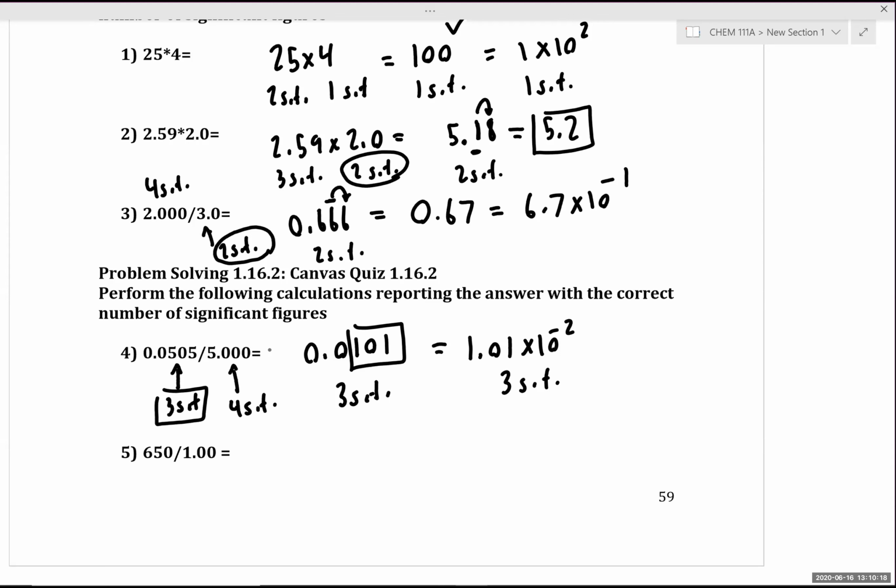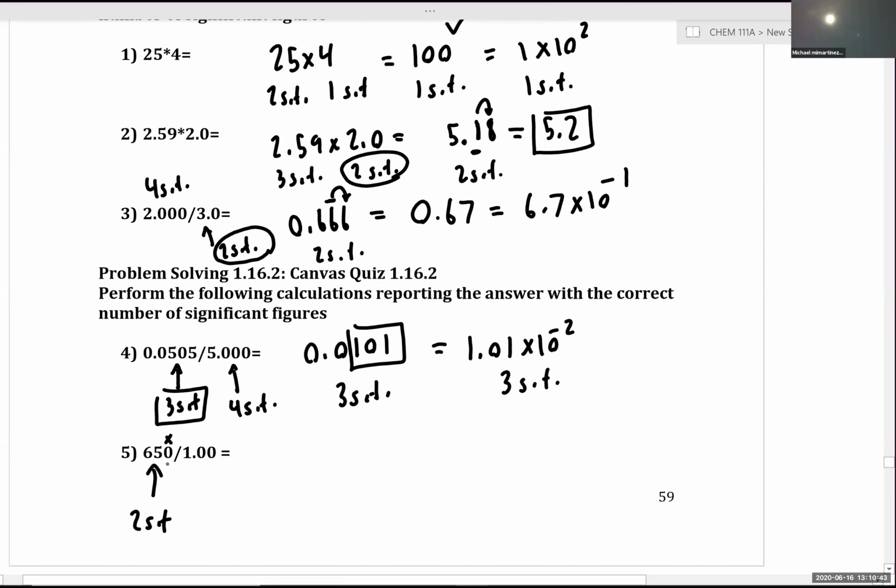So let's look at this next example, 650. How many sig figs does 650 have? Three. So it has two sig figs because this trailing zero is not before a decimal point, so this trailing zero is not significant.